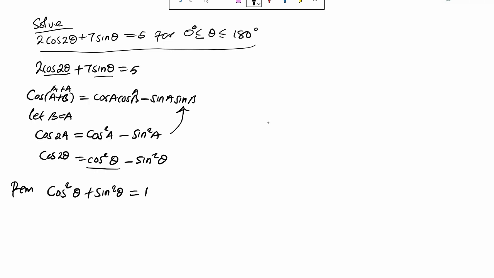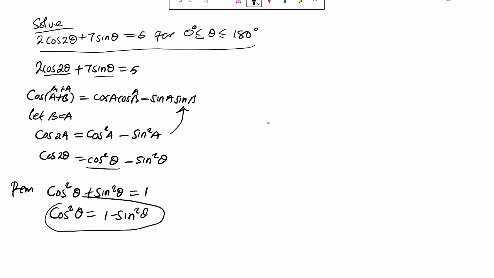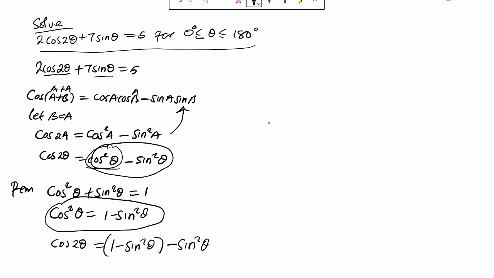This one will help us here, because from here you find that cos squared theta equals 1 minus sine squared theta, and if I substitute this in this equation, then cos 2 theta equals, where there's cos squared theta, you put 1 minus sine squared theta, and this one you subtract sine squared theta.